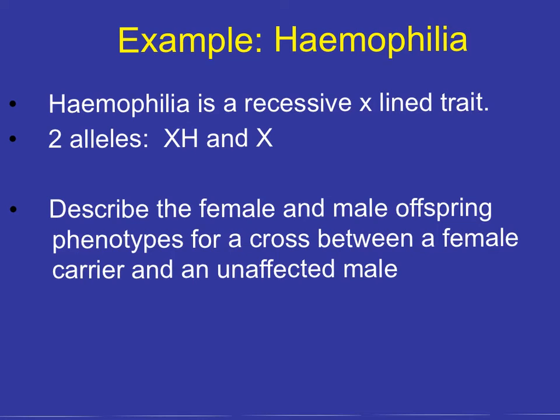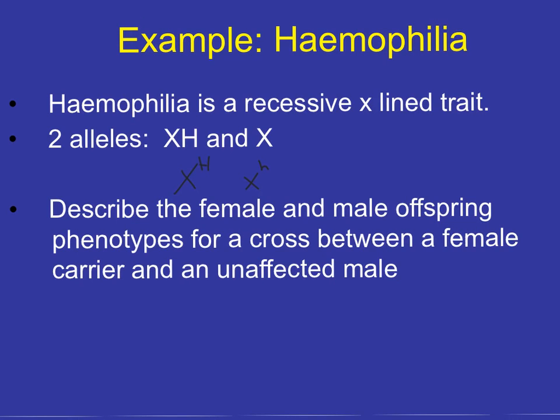Okay, here's another practice problem. Hemophilia is a recessive X-linked trait. So we have two alleles, X^H and X^h, and you can either leave the X blank or put a little H on it.